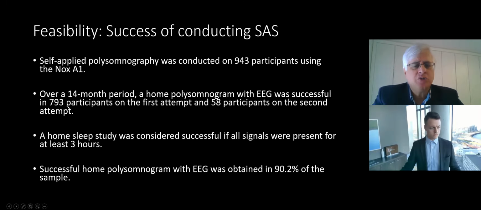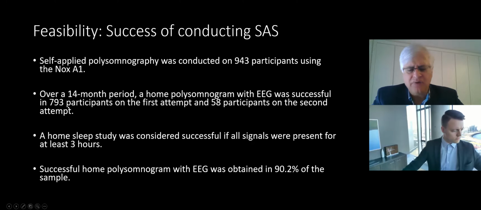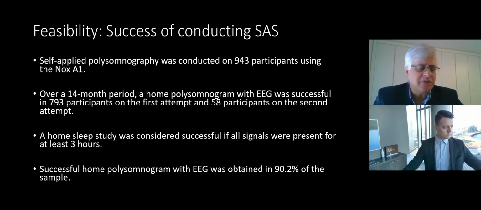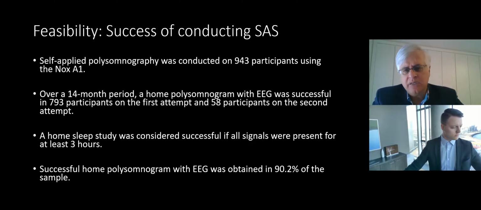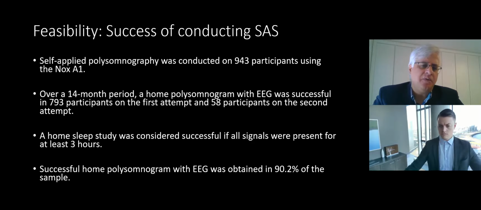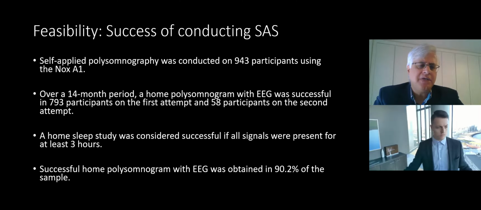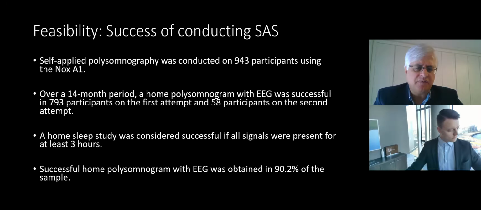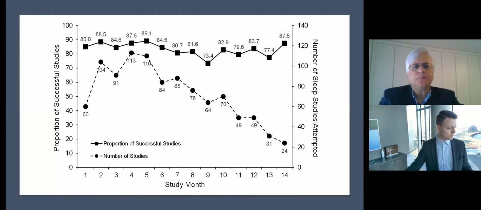Of course, a majority of these individuals, 793, or roughly 85 to 86%, were able to do it in the first attempt, meaning give us 3 hours of good solid EEG and other signals, as I outlined before. Simply put, 90% of the time, you can get an acceptable study that will provide us all of the information that goes above and beyond respiratory polygraphy, and of course, including the EEG 90% of the time.